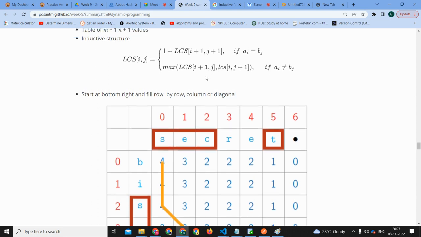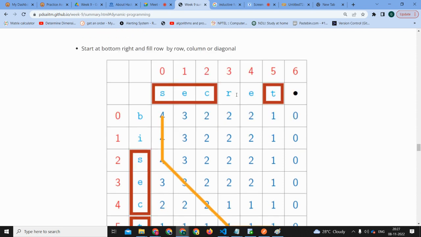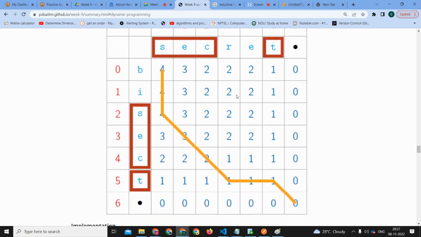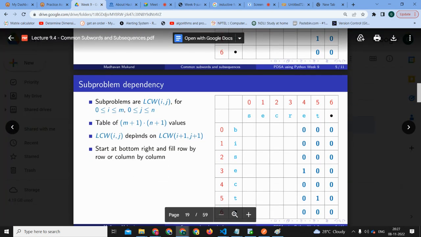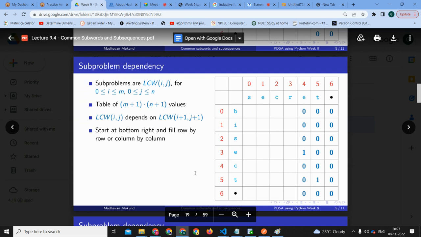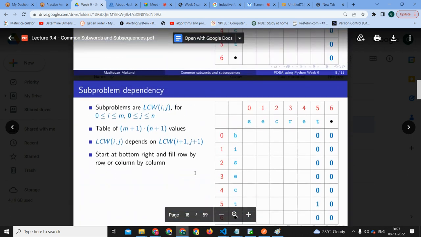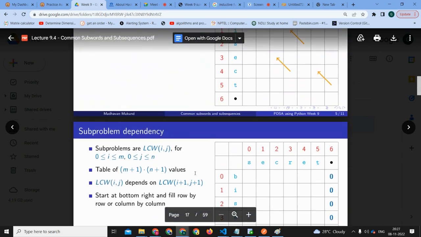Guys, whoever has watched the lectures. Maximum of the right one or the below one? I think that's what is happening here. Let's see. I'll take the picture. For the same thing, we'll do the bisect and secret. We'll take the same.